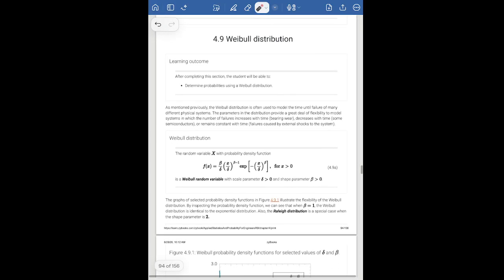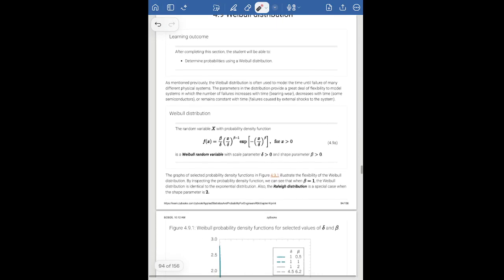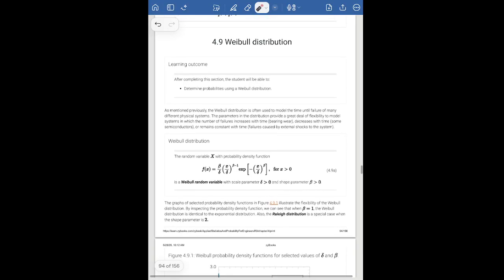All right. Now, the Weibull distribution. After completing the sections, students will be able to determine probabilities using the Weibull. Okay. So this is often used to model the time until failure of many different physical systems.